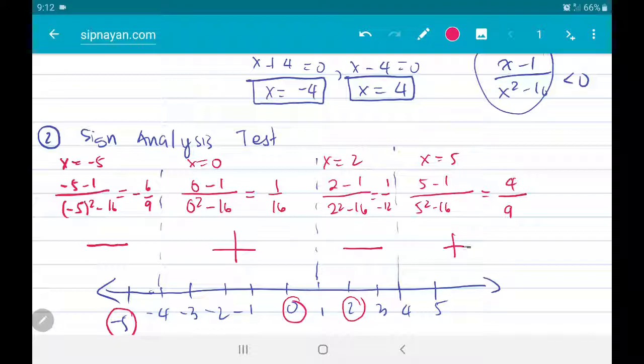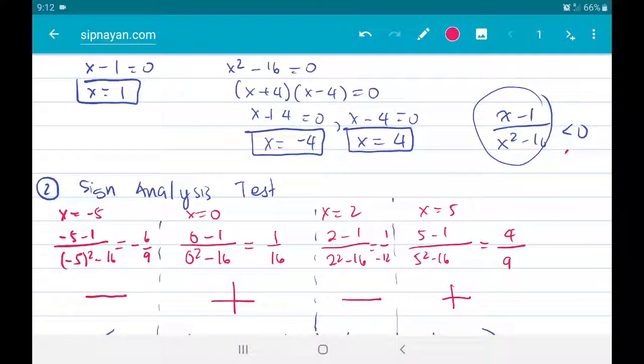So, this is positive. Now, alam natin that yung mga positive, hindi siya solution kasi ay hinahanap natin ito, diba? Hindi rin solution yung equal to 0, no? Hindi rin kasama yung 1. Hindi rin kasama yung negative 4, tsaka hindi rin kasama yung 4.